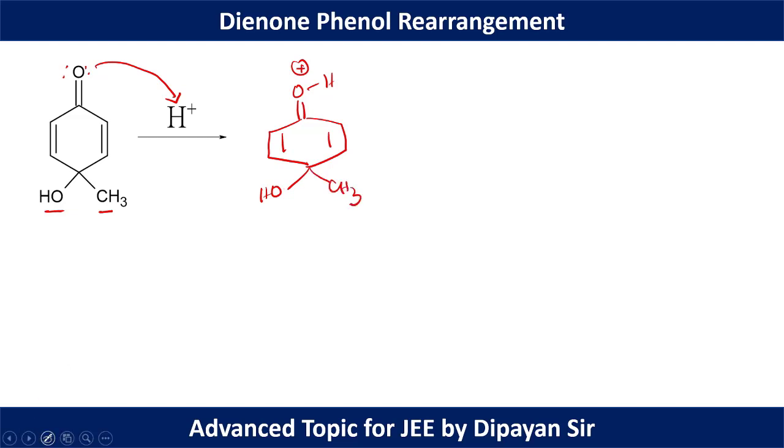And if we move this pi bond towards the oxygen, we will end up with this type of intermediate. Now we have two choices. We can migrate methyl or we can migrate OH.